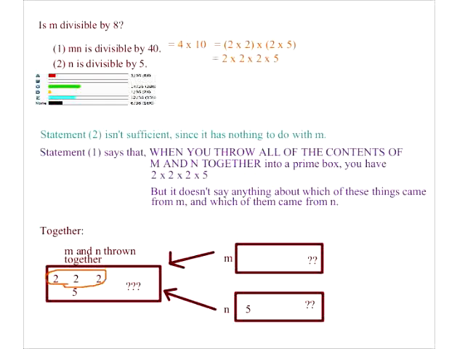So those 3 2's have to come from somewhere, but we don't know where they come from. The 3 2's are somehow distributed between these guys, but we don't know how.